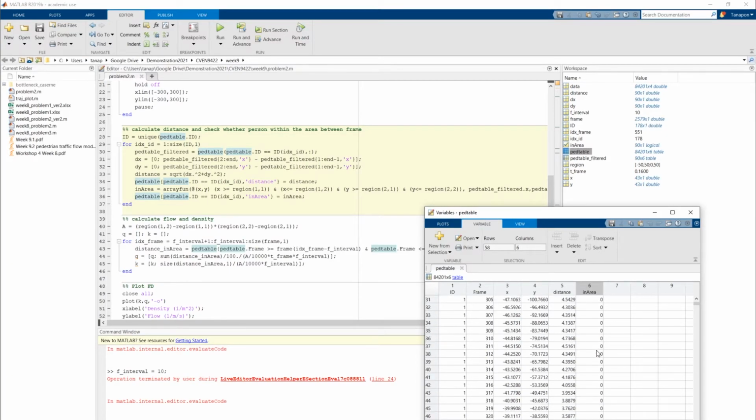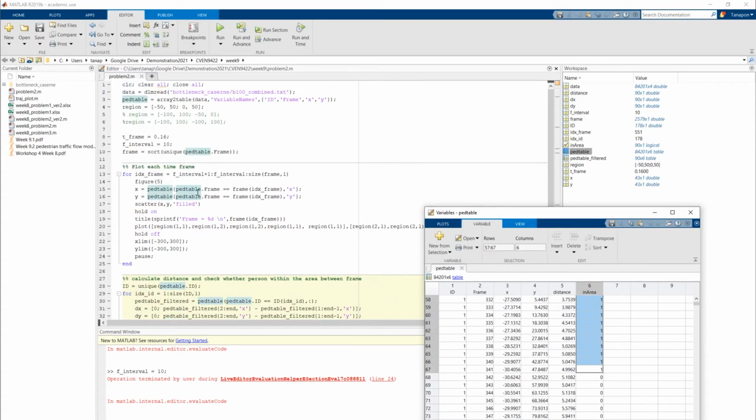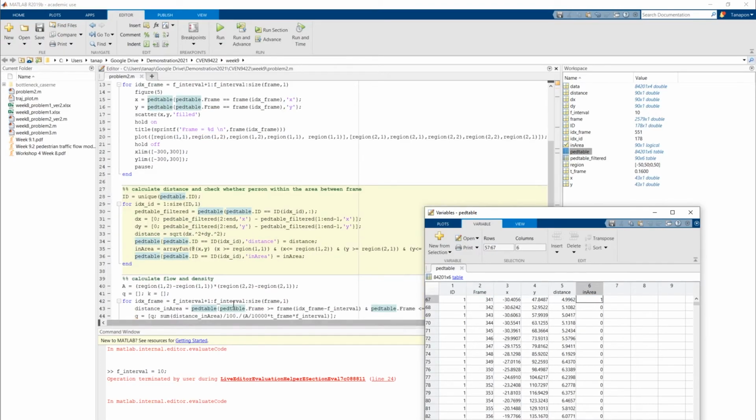As you can see, a lot of them are outside, but in this brief period, this guy is inside this region. So if you increase this region size, you can expect more true in this column.